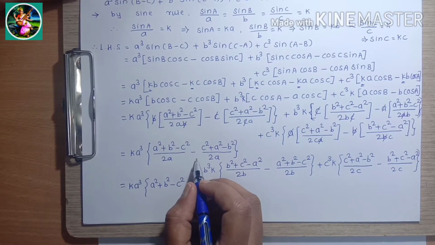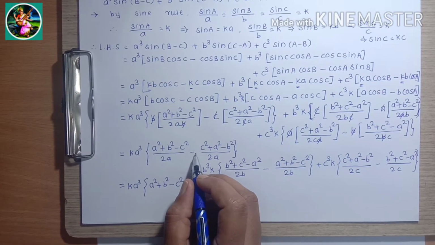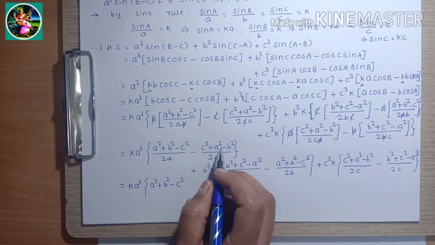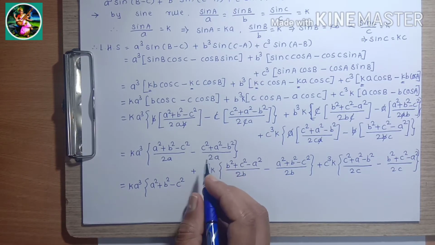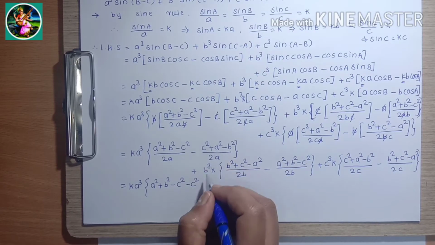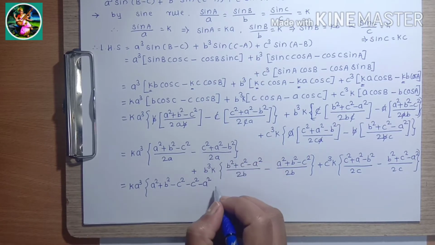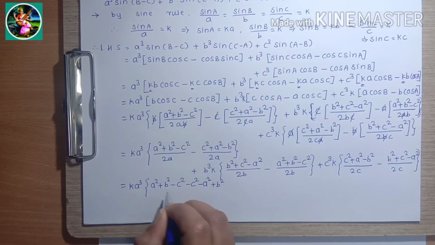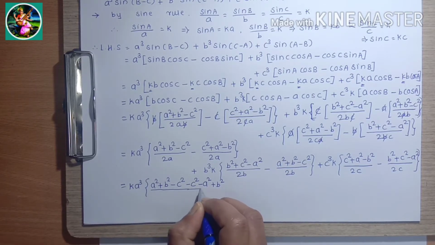Here is a minus sign, therefore we change the signs of each term in the second fraction: minus c square, plus a square becomes minus a square, and minus b square becomes plus b square, divided by 2a.